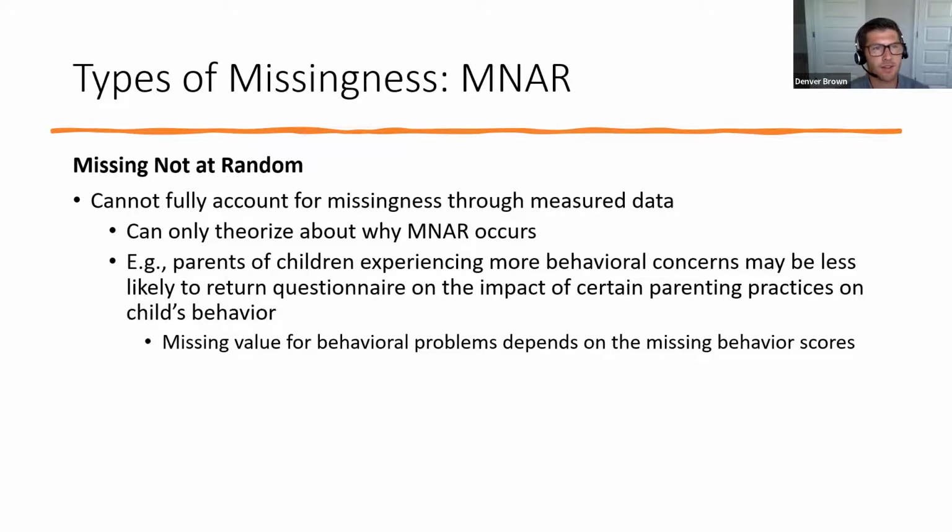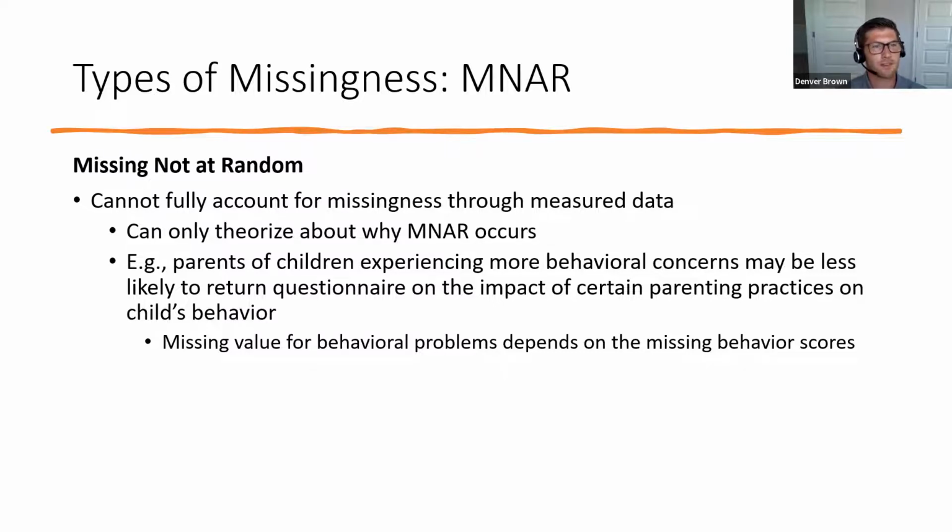So a quick example of this, and this isn't specific to kinesiology, the best practices paper that I was working on is specific to developmental psychology. So some of the examples I'll provide are related to that field of inquiry. Here we could say parents of children experiencing more behavioral concerns may be less likely to return questionnaires on the impact of certain parenting practices on that child's behavior.